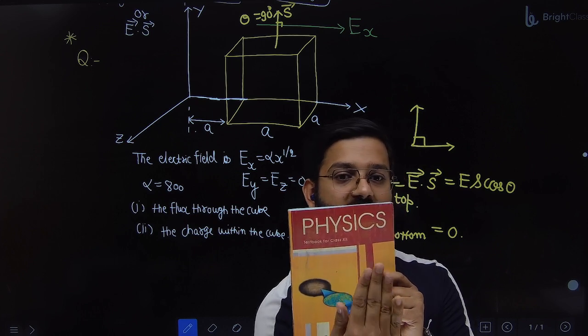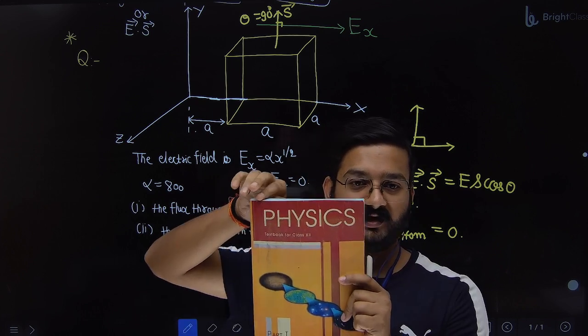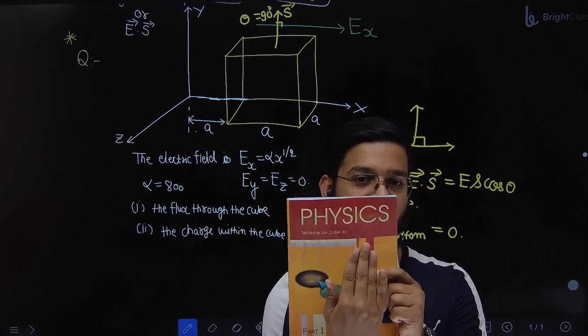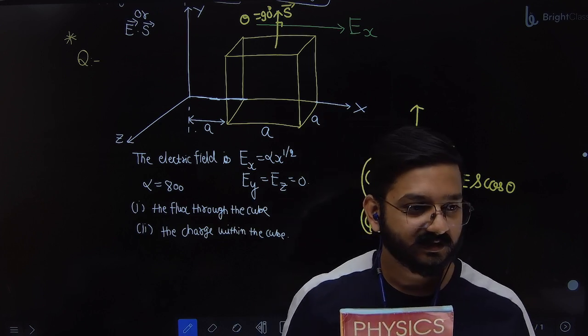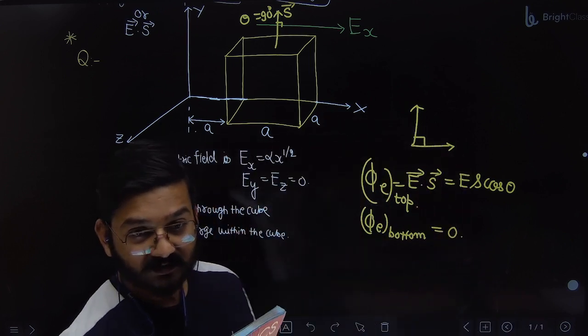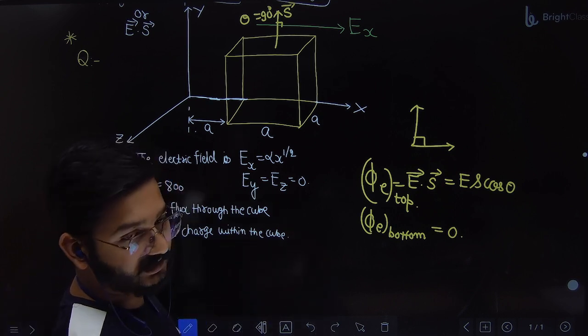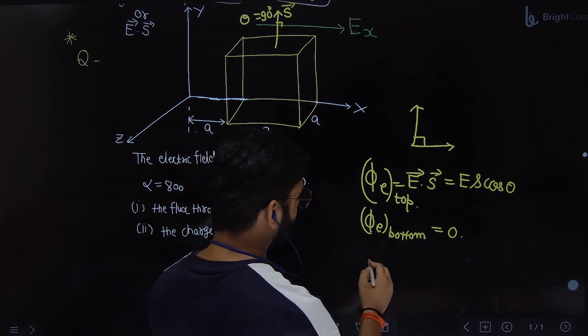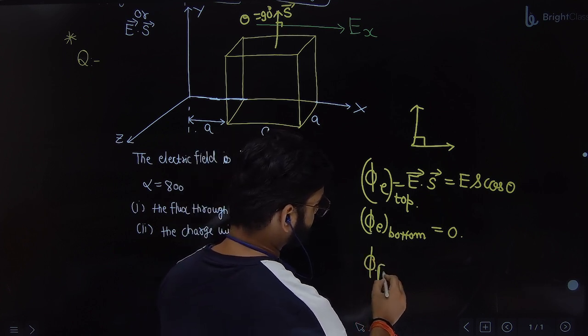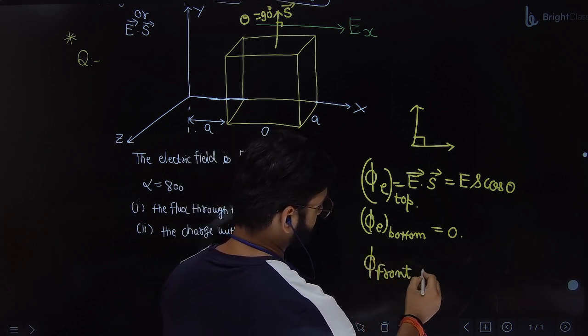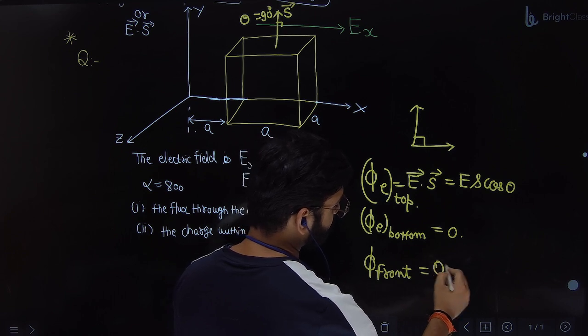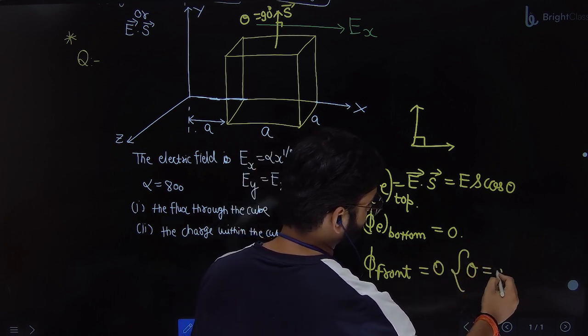Perpendicular and outward. Electric field X, area vector like this. What is the angle? 90. Is it clear? Angle is 90. If angle is 90, cos 90 is 0. So what will be the flux due to the front surface? 0, since theta is 90.